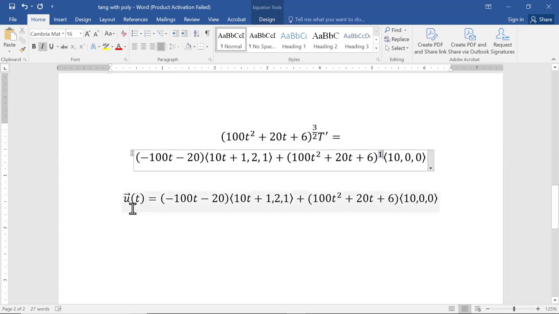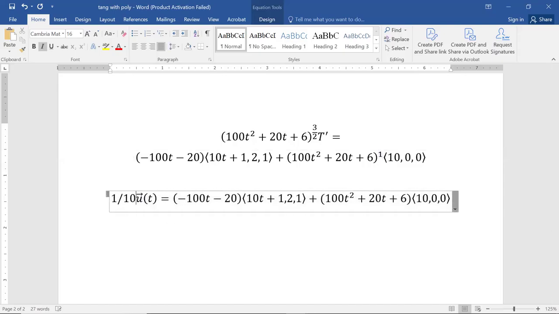So my u of t that is in the same direction as T prime is this one. And this one I can calculate with in a fairly straightforward manner. Now also notice that almost everything is a multiple of 10, so I'm going to do one more multiplying in. I'm going to multiply everything by 1/10.